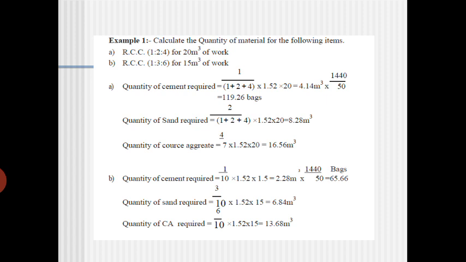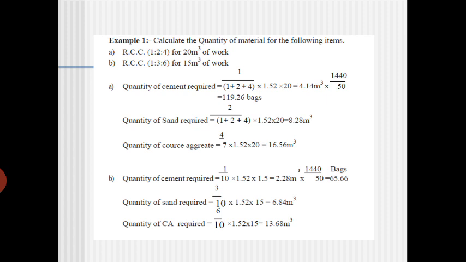Always it will be in the same manner: the order is cement, sand, and coarse aggregate. Don't think the first one is aggregate, the second is cement, and the third is sand.